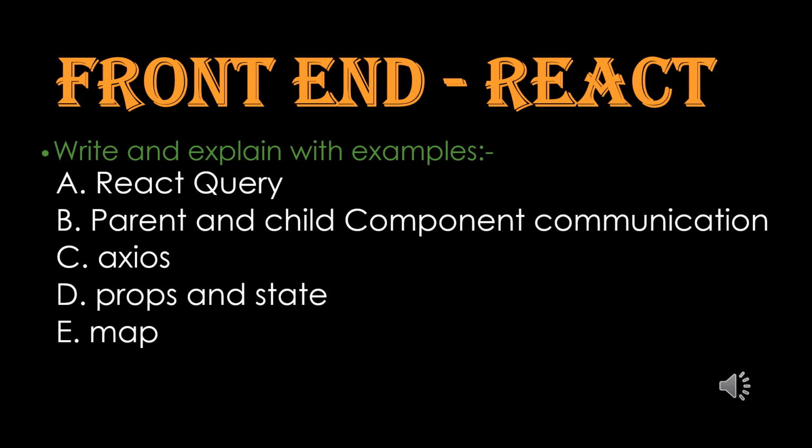State is used for storing the data, and props is for communicating the data between components. The map operation is mainly used for manipulating the data stored in an array or object, which is then displayed over an HTML page based on the number of items present in it.